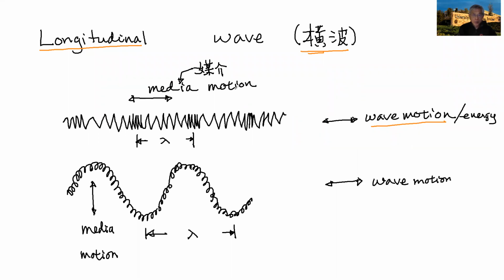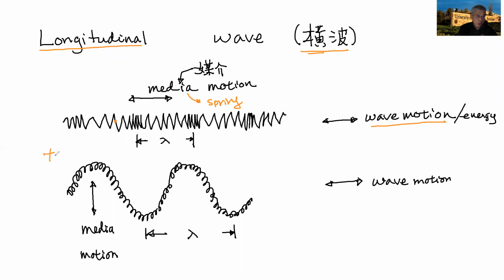And the media motion, the media here is a spring. The spring is your media, and media in Chinese is 媒介. The media is also going left and right as you shake it like this. So that's a longitudinal wave.